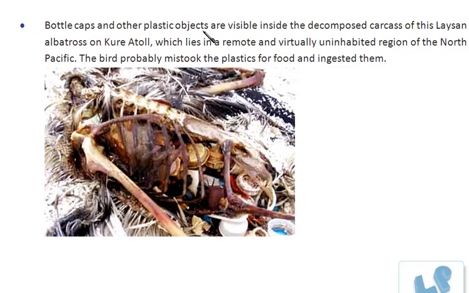Bottle caps and other plastic objects are visible inside the decomposed carcass of this Laysan albatross on Kure Atoll, which lies in a remote and virtually uninhabited region of the North Pacific. The bird probably mistook the plastics for food and ingested them. See? And it died. Definitely it will die. This plastic is not going to dissolve inside and give some nutrition to the bird. But the bird doesn't know that it is plastic.